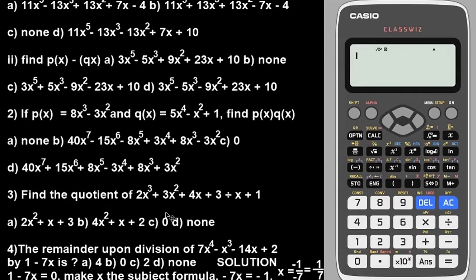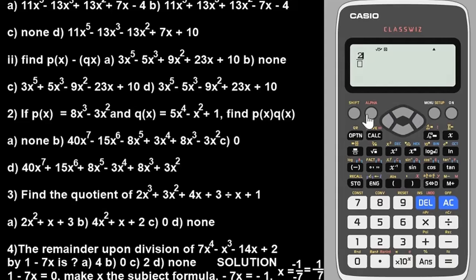So find the quotient of this. The 2 stored here is still effective. All you simply have to do is to use the division sign, guys. Don't use this one, use this one. This one is the precise one you should use.